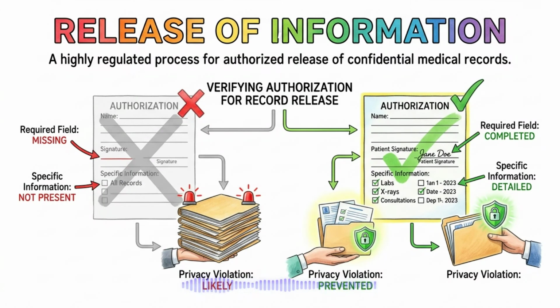Health information professionals must carefully check written authorizations to ensure they are valid, signed by the patient, and specify exactly what information can be released. Providing too much information, or giving it to the wrong person, is a severe violation of privacy laws, making ROI a critical function that you must deeply understand for your exam.